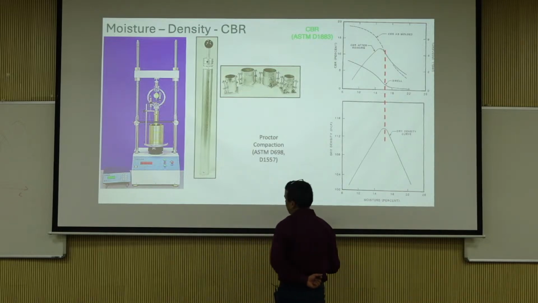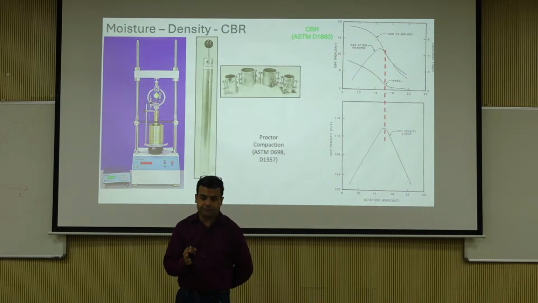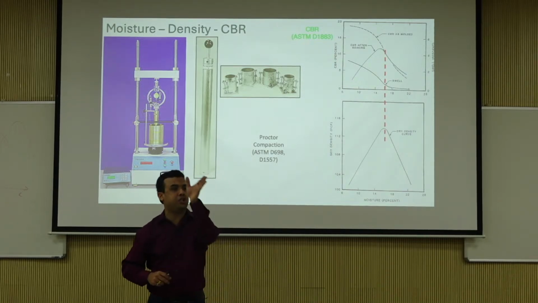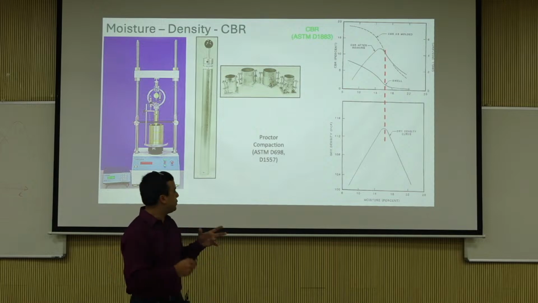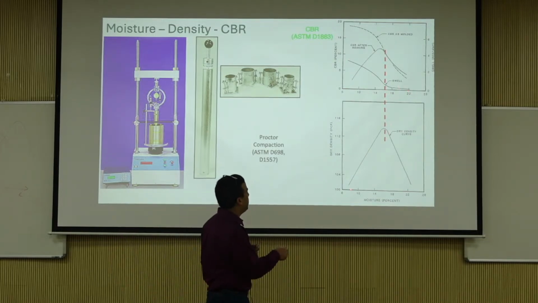It is very common practice when you do a CBR test to do it at multiple moisture contents, and then you report it just like you report a moisture density curve. You have a moisture density curve like that, and correspondingly you report the CBR values here.